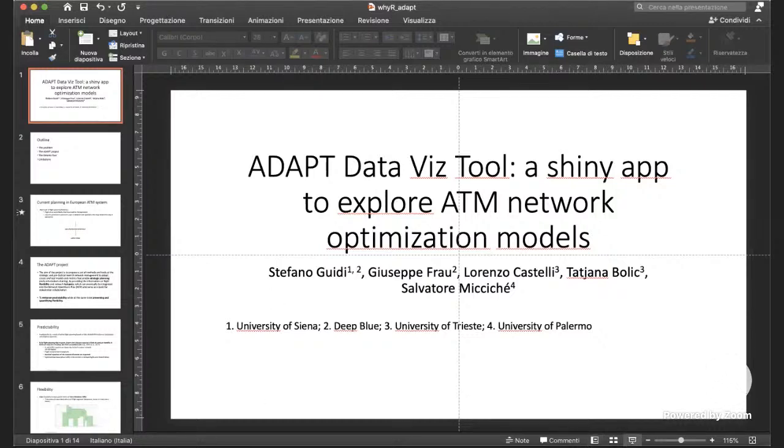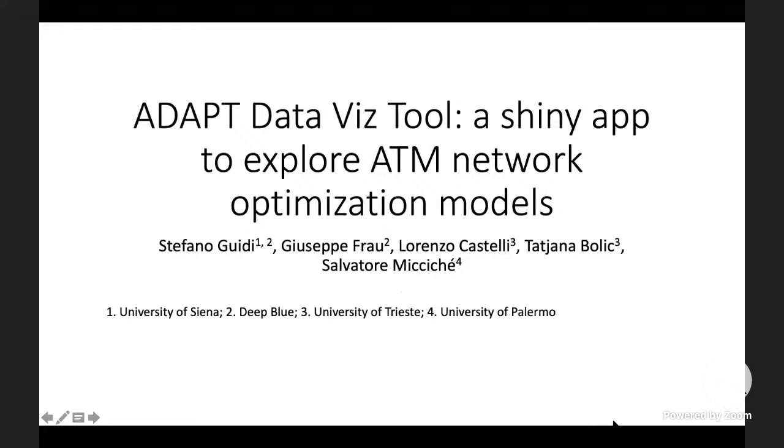Okay, so this is my talk about this tool that we've built with my colleagues in Deep Blue within the context of an EU-funded project. The project was called ADAPT, and it was about optimizing the air traffic network to improve performance and minimize the impact on the capacity of the aerospace sectors.